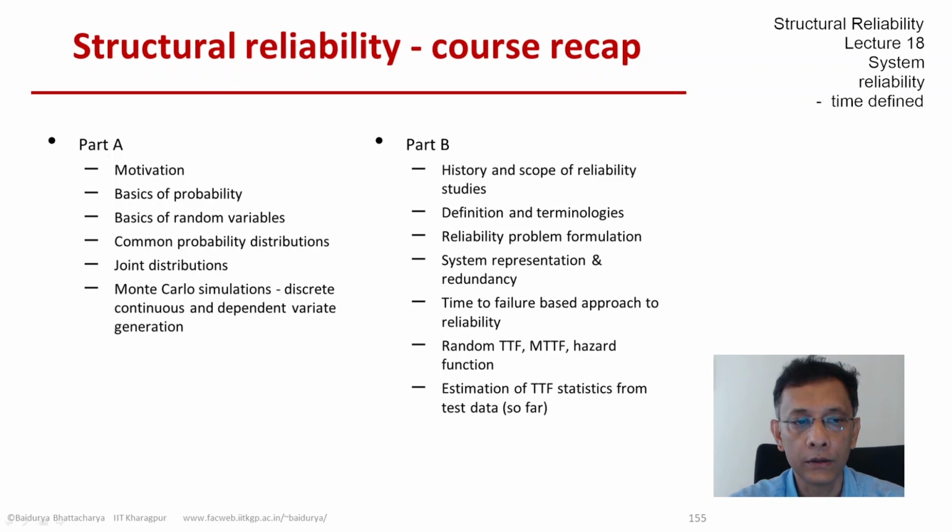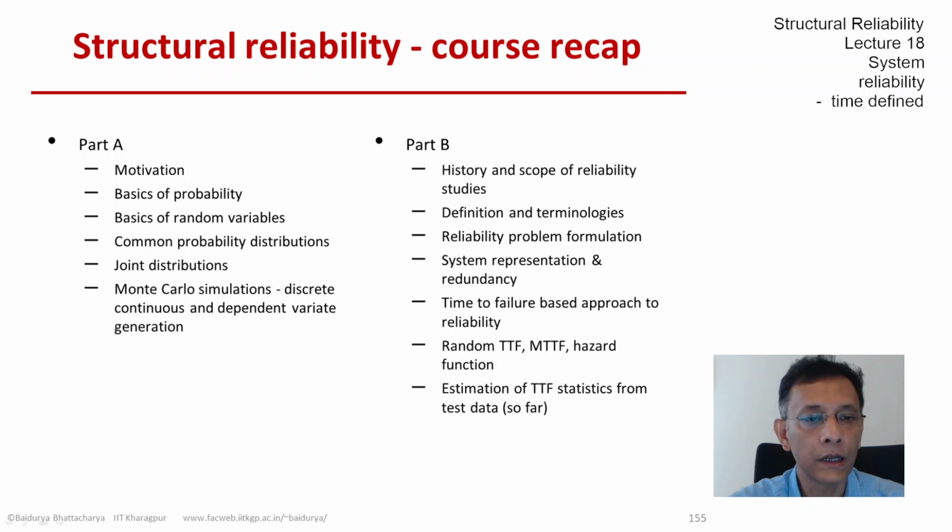We spent a good amount of time discussing the various functions related to the random time to failure: the distribution function, the density function, the hazard function, the reliability function, the mean time to failure, mean residual life, and so on.